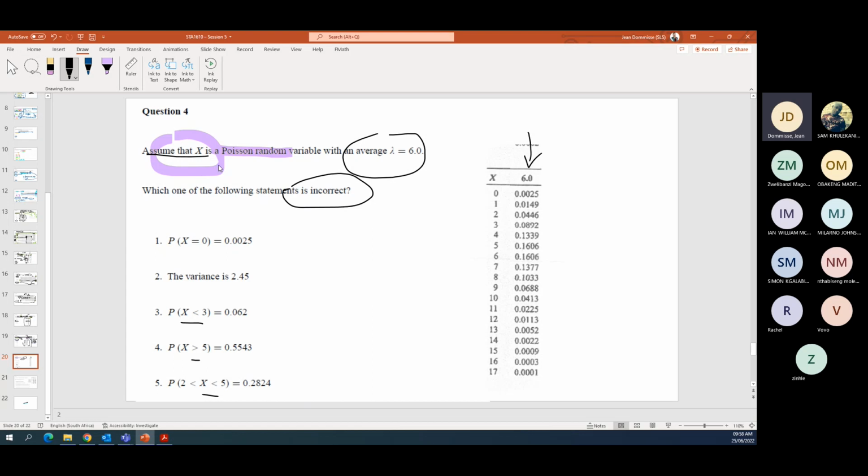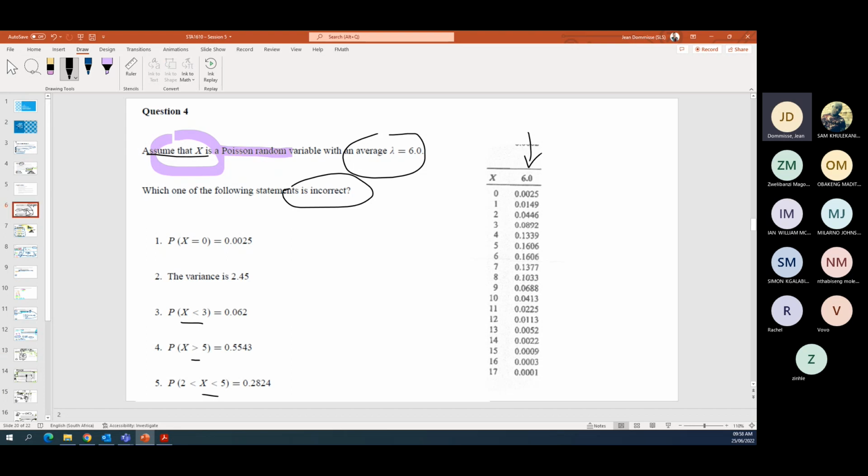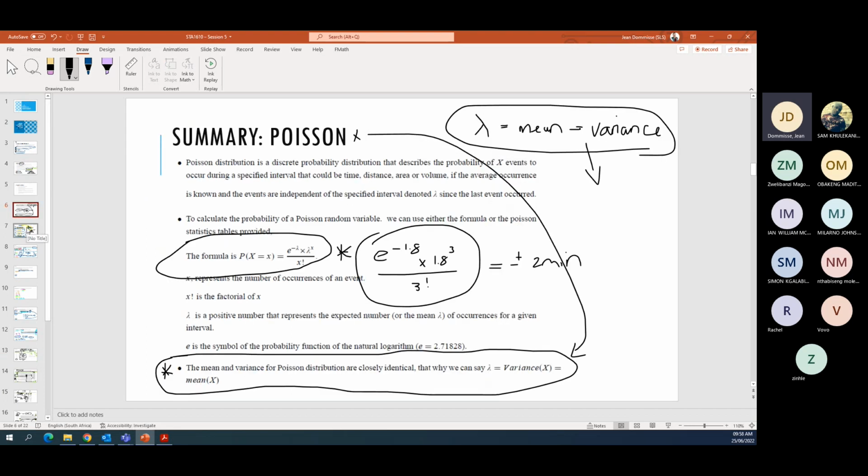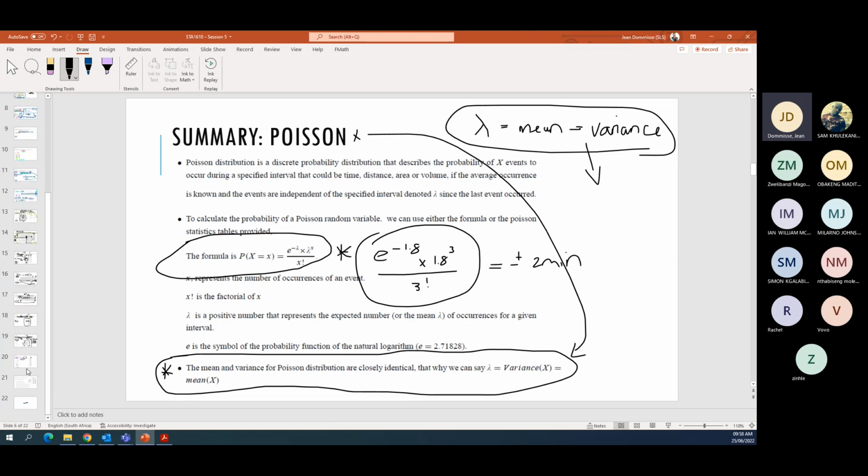The first one that I always look at, and it is also on the study guide, the page that I've made a summary of: your lambda is equal to your mean is equal to your variance.